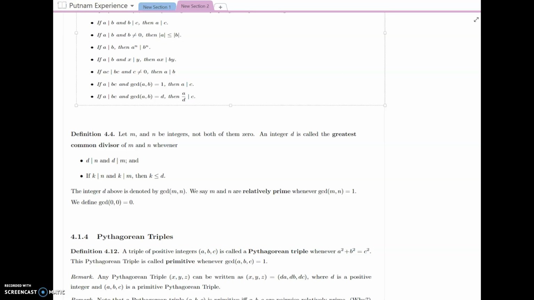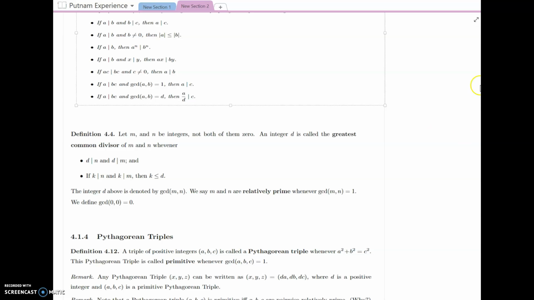Okay, it explains this. And then it starts talking about how we say that m and n are relatively prime when the greatest common divisor of m, n is equal to 1. And it says we define the greatest common divisor of 0, 0 equals 0.